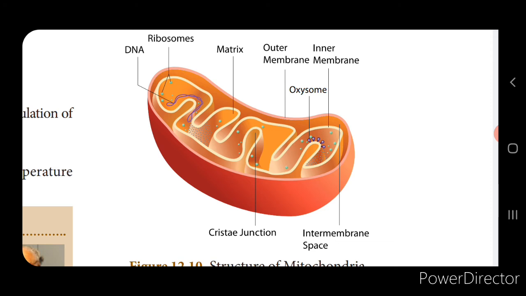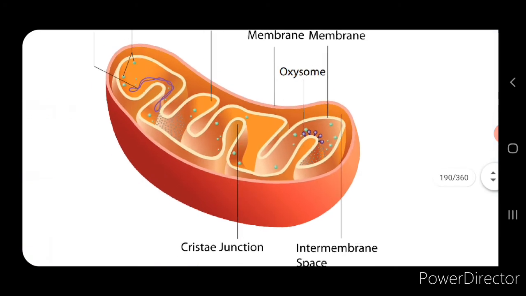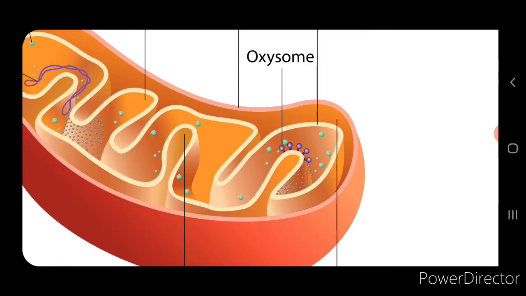So that is the folding membrane, and here and there you can see a green color circle, isn't it, which is called the ribosomes, and you can see a thread-like structure which is purple in color, called the DNA. The inner membrane consists of a matrix that fills the entire portion, and in the middle, can you see here, oxysomes, it is written as oxysome, isn't it?